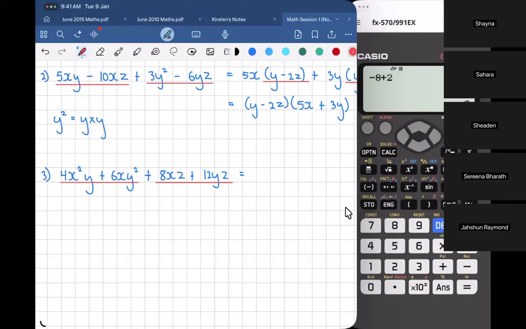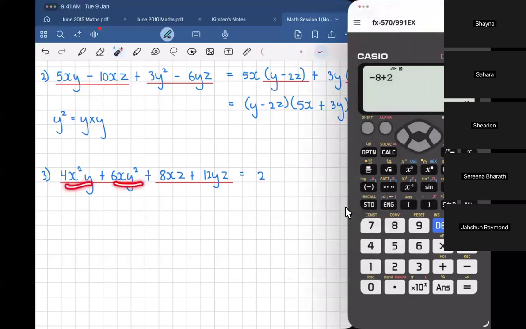Okay, well, let me do it like this first, right? And see what happens. Because it will work like this once there are common factors between the terms. So yeah, we have common factors here and common factors here. So let's start off. What's a common factor between 4 and 6? 2. What's common between x squared y and xy squared?